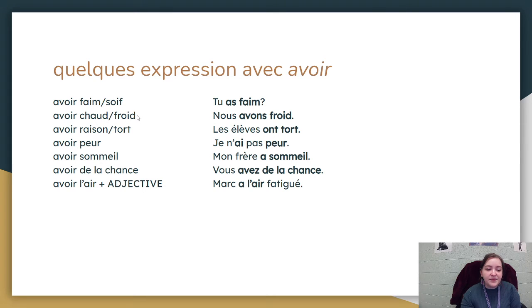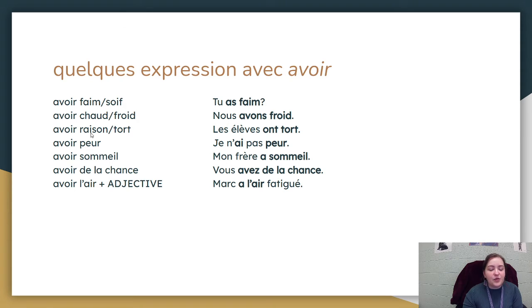Avoir froid, which means to be cold. So you can see, nous avons froid, we are cold. Then we've got avoir raison. Avoir raison. This means to be right, as in to be correct.